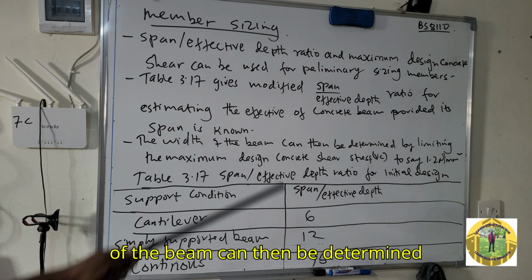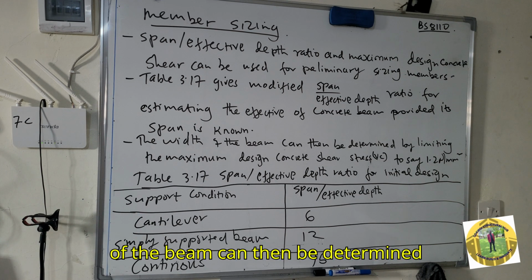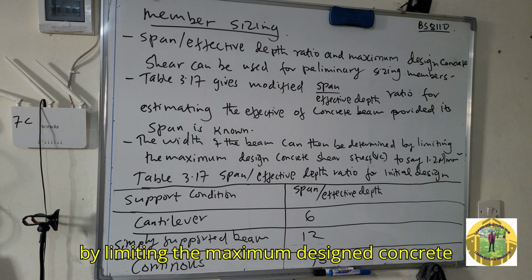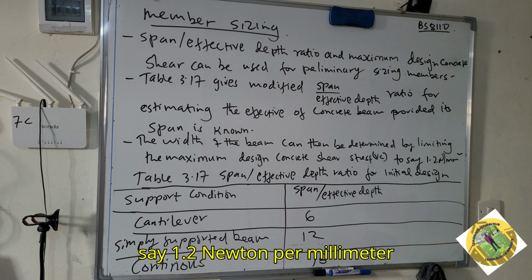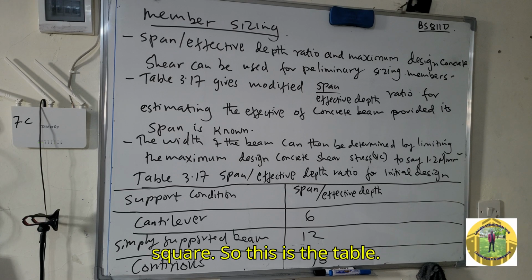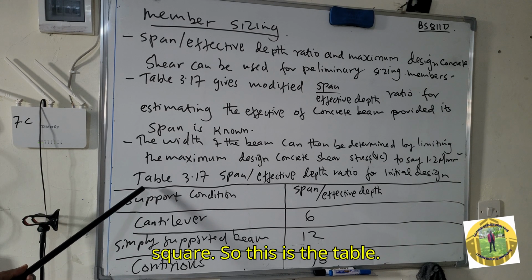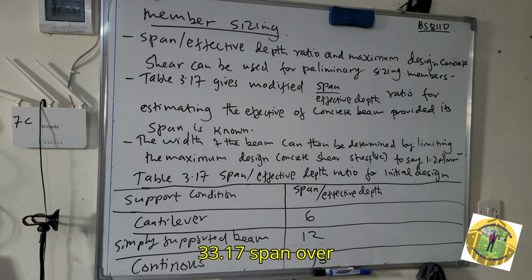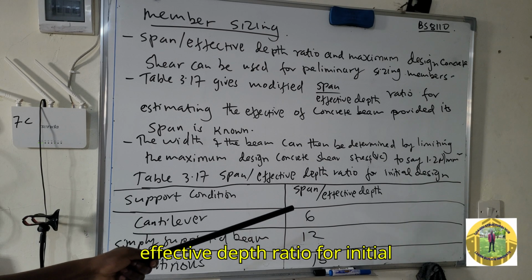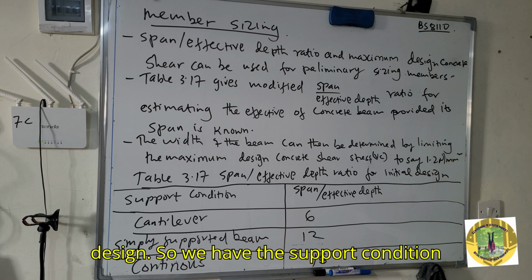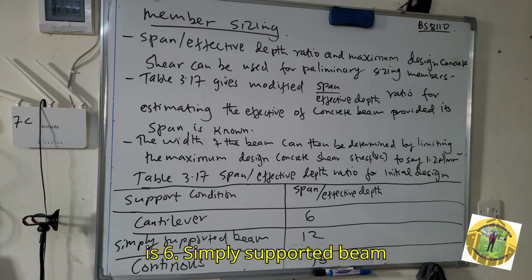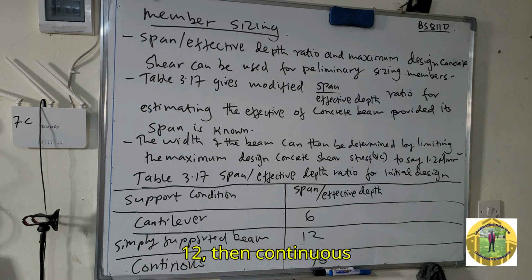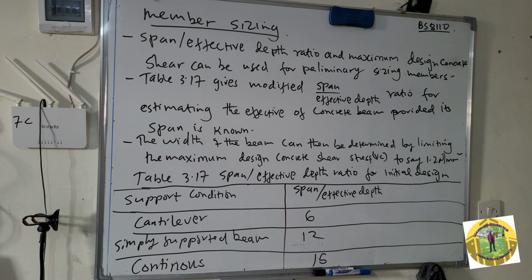The width of the beam can then be determined by limiting the maximum design concrete shear stress, which is vc, to say 1.2 Newtons per millimeter square. So this is table 3.17, span over effective depth ratio for initial design. We have the support condition: span over effective depth for cantilever is 6, simply supported beam 12, then continuous 15.